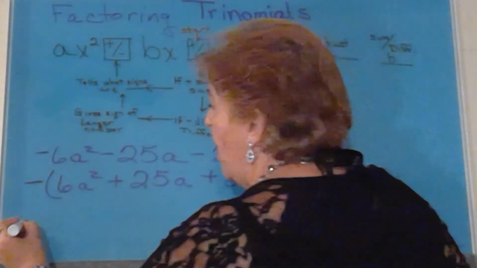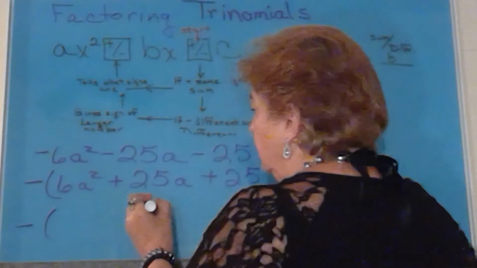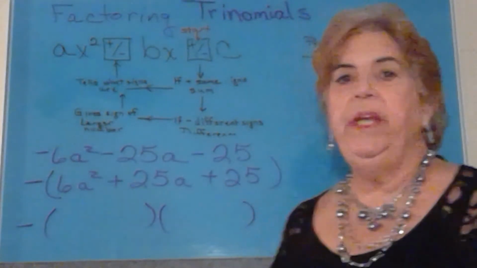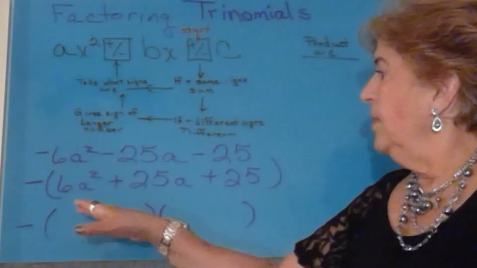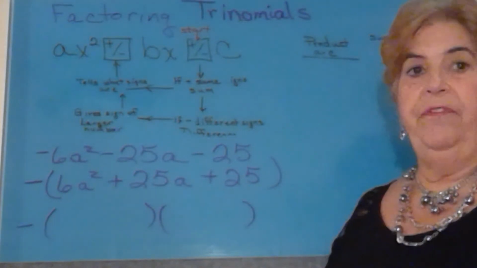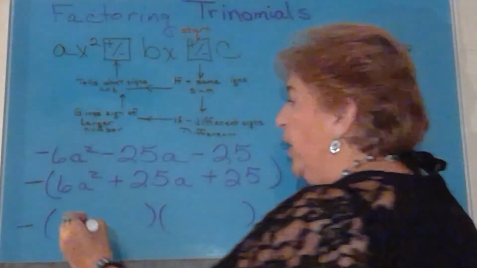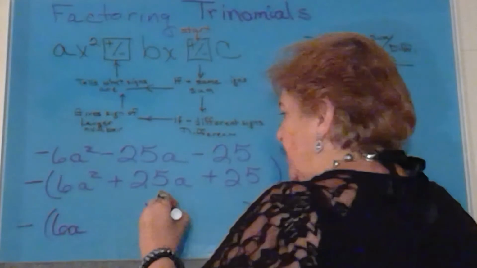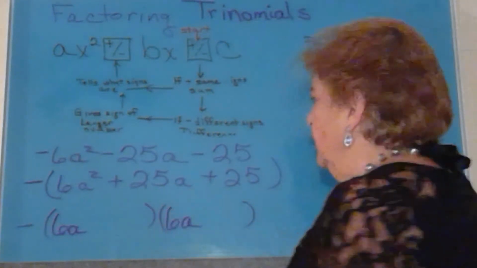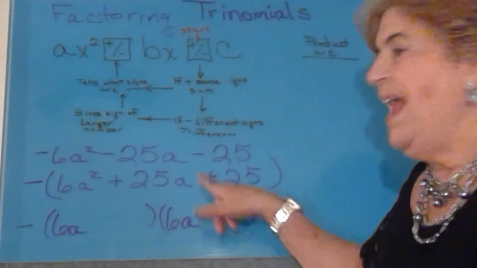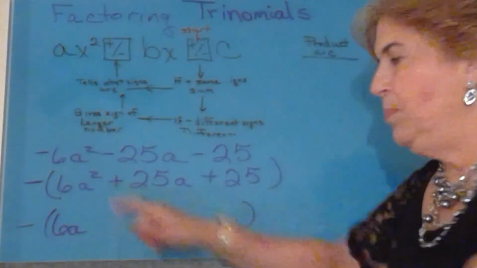Now we have a negative out front. And we can simply set up our factoring, and we're now working with all positive signs. So we're going to put a 6a here and a 6a here. That tells us the signs are the same, and that tells us they're both positive.